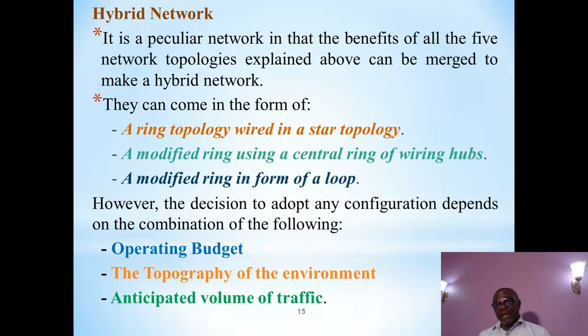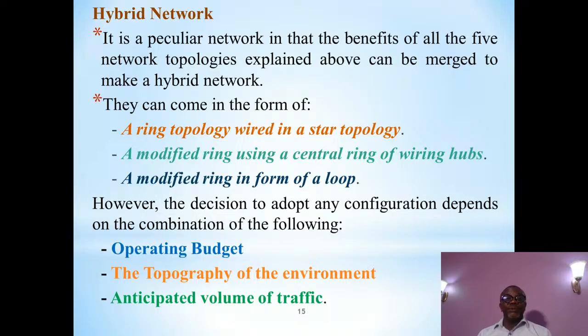Now we have a hybrid. We've talked about 5 network topologies. Now there is a hybrid one that makes it 6. I say that it is a peculiar network, in that the benefits of all the 5 network topologies explained above can be merged to make a hybrid network.